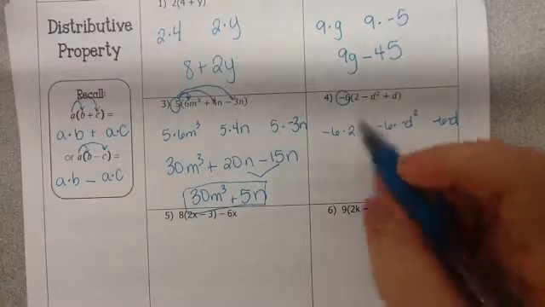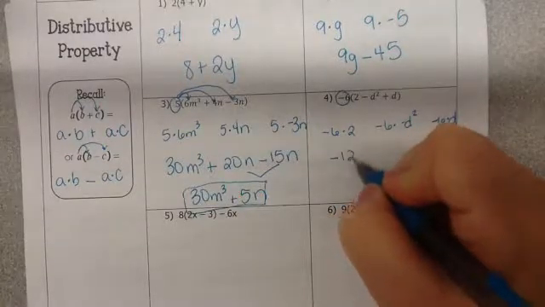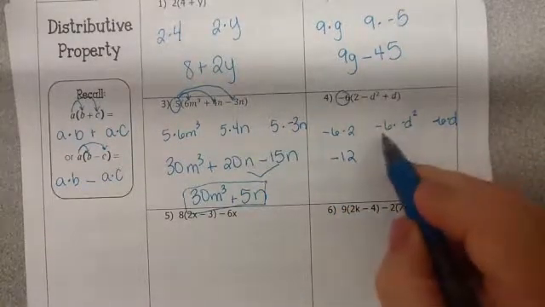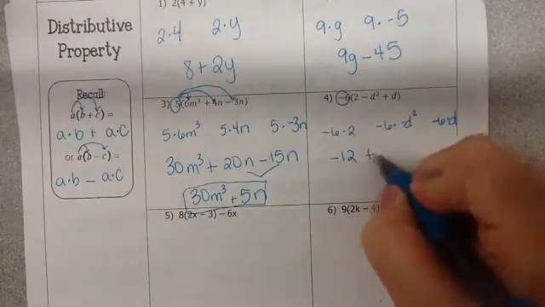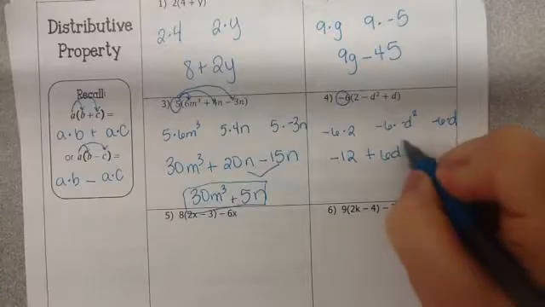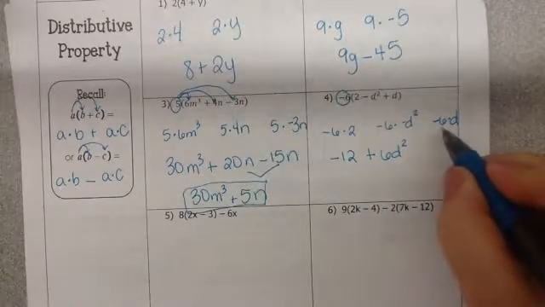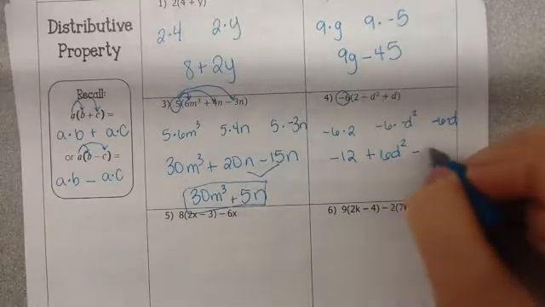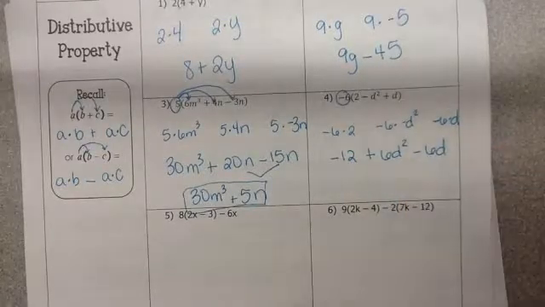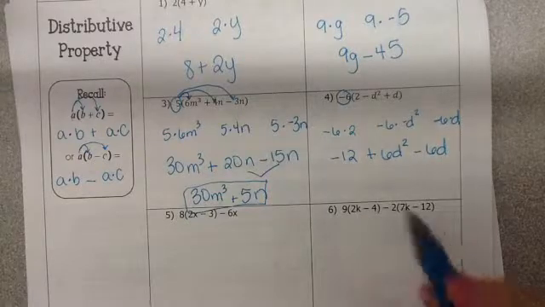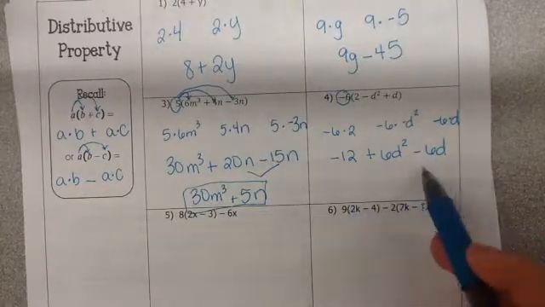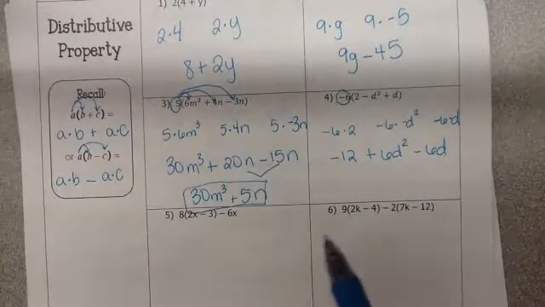Negative 6 times 2, negative 12. Here, be careful. You have a negative times a negative, so that makes positive 6d squared. And negative 6d is just negative 6d. Can any of those go together? Nope. So that's your final answer.